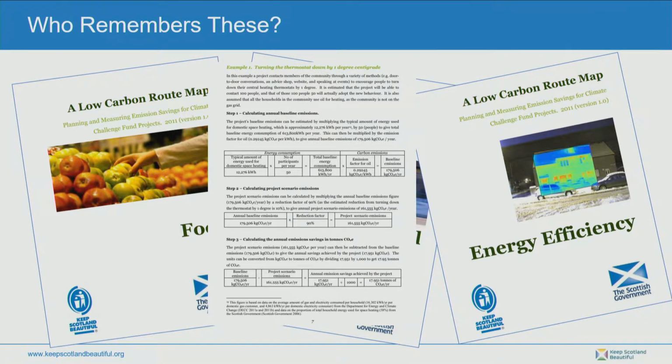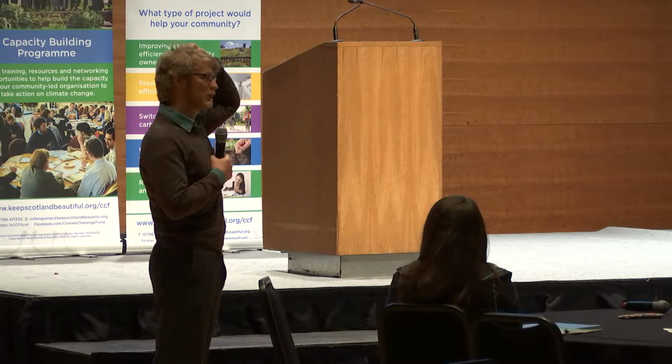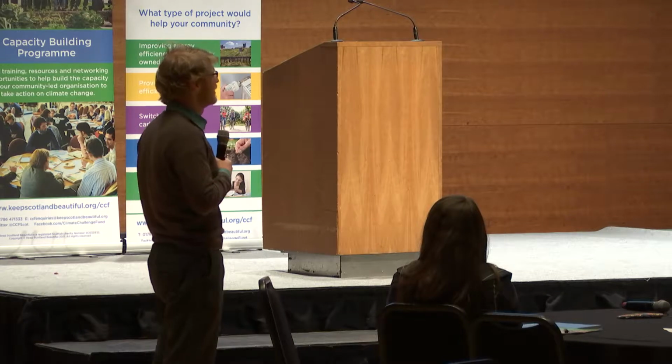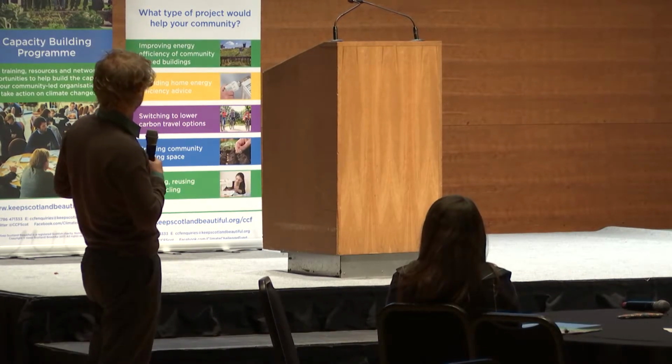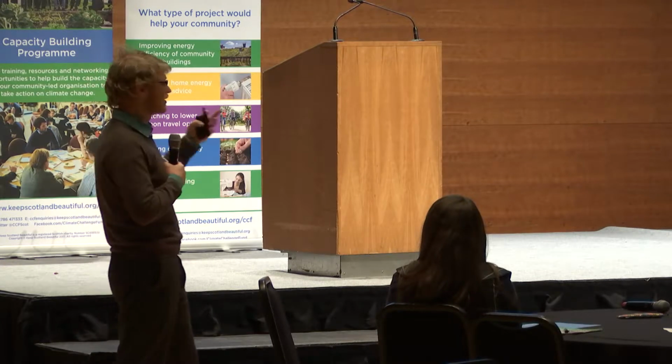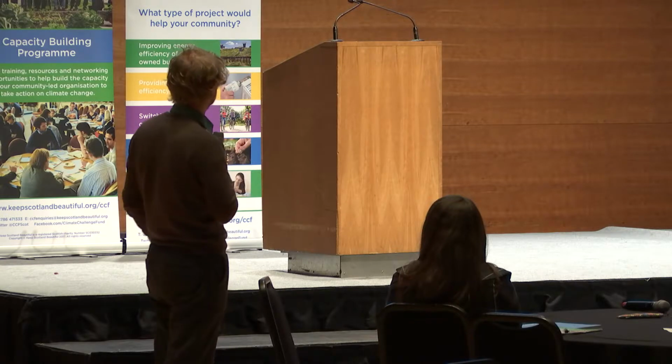So these were what we called the low carbon route maps. They were published, or the first version of them was published in 2011. And there was one for energy efficiency, one for food, one for transport. There was nothing for waste and reuse projects that we were doing.